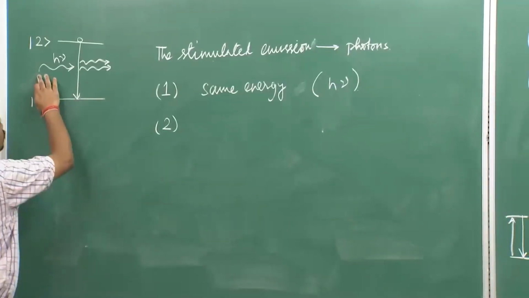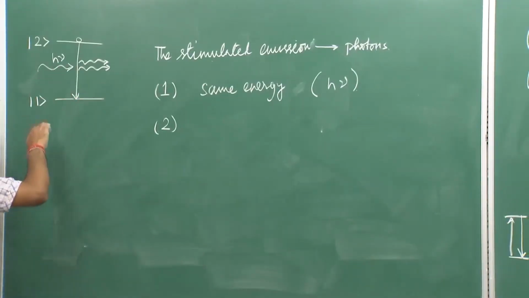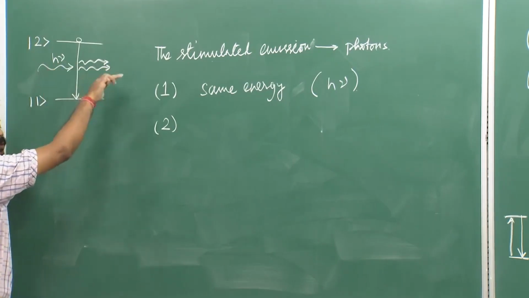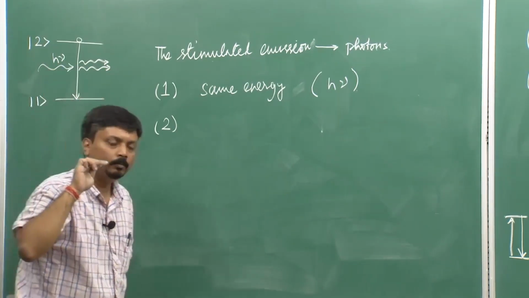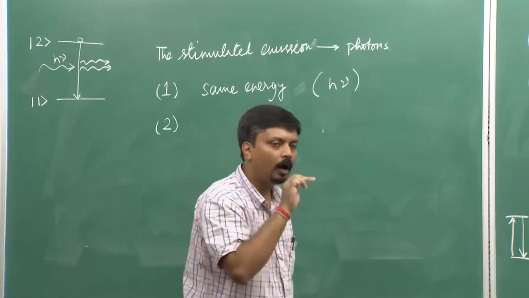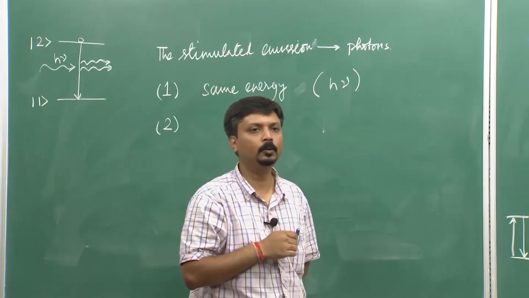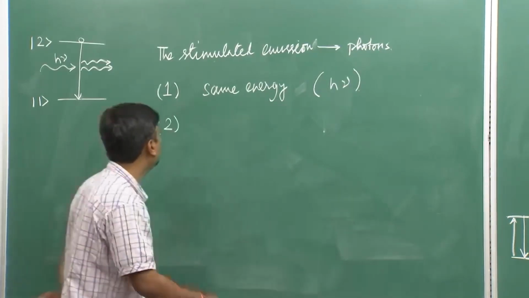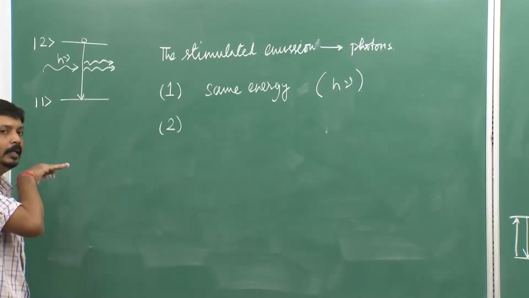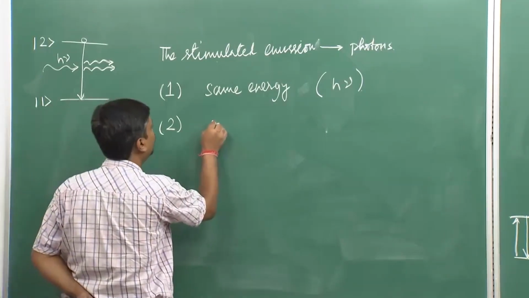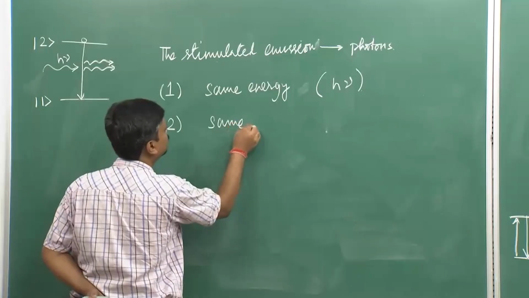Now, from this interaction, if the photon is coming, it will go, and it will also take the outgoing photon that is coming due to emission along with it. So, their direction is the same. The outgoing photon will have the same direction.